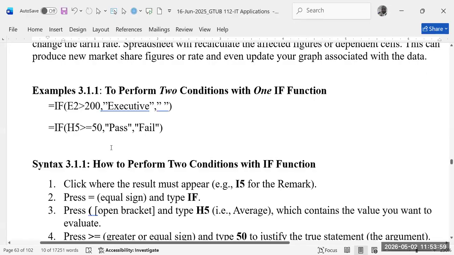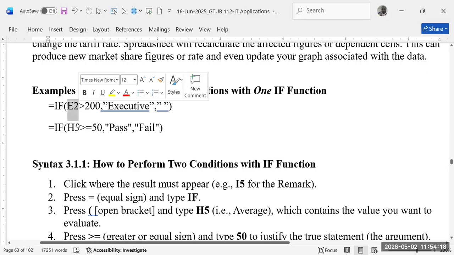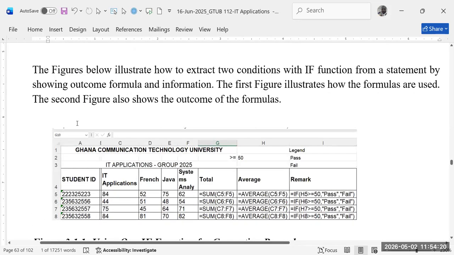An example is this. Here, I have two outputs, one is pass and one is fail. To construct this, first equal to, then the condition: what are you using to determine?